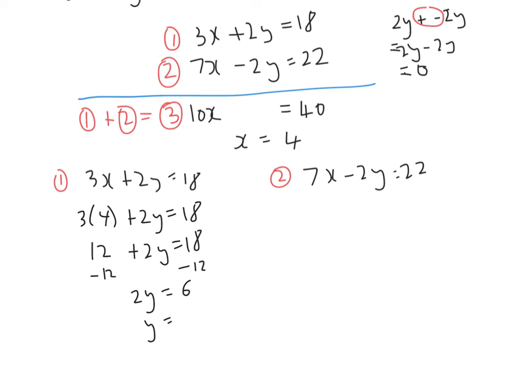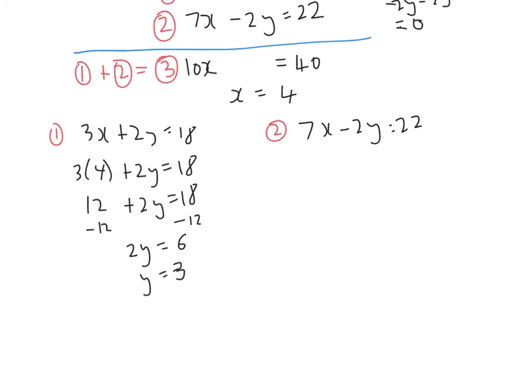And if 2y is 6, divide both sides by 2 to get y is 3. So we've got our solution there. We've got the solution that x is 4 and y is 3. So you'd write it down: x equals 4, y equals 3.